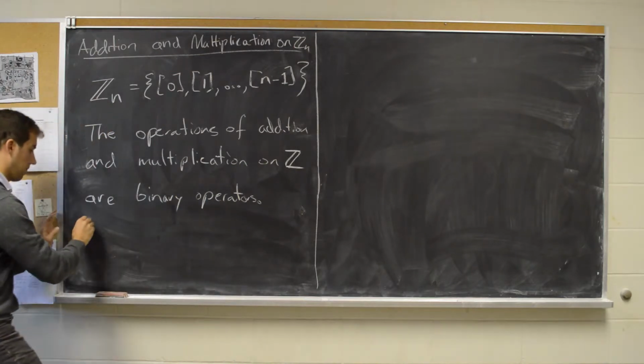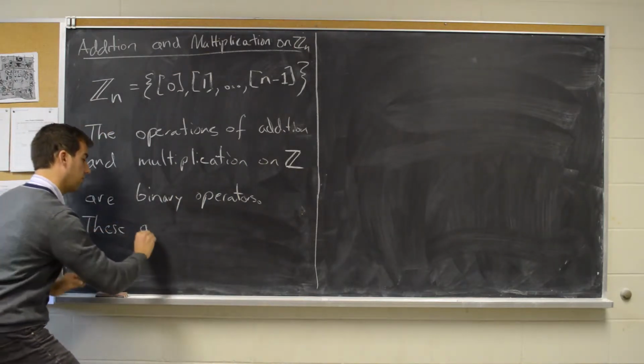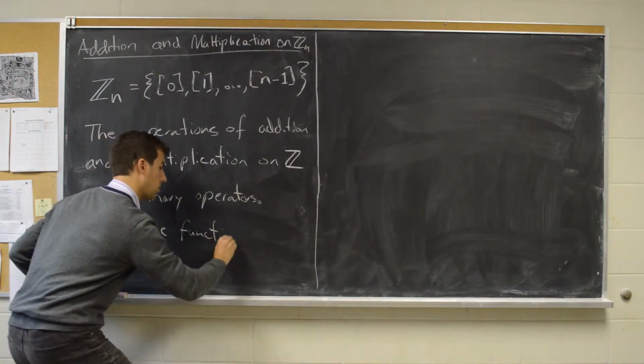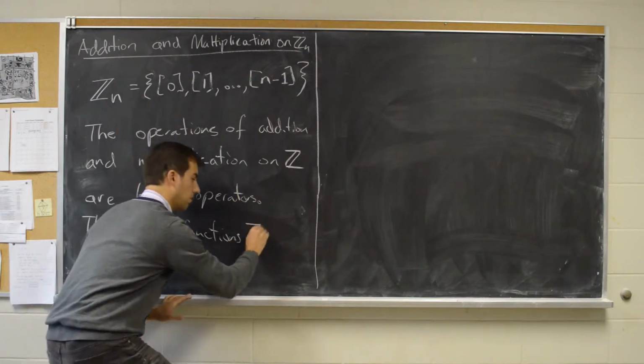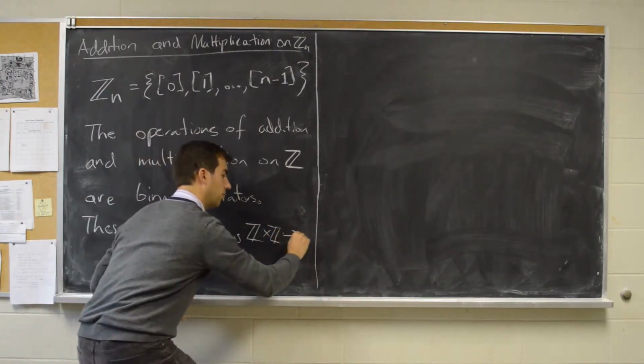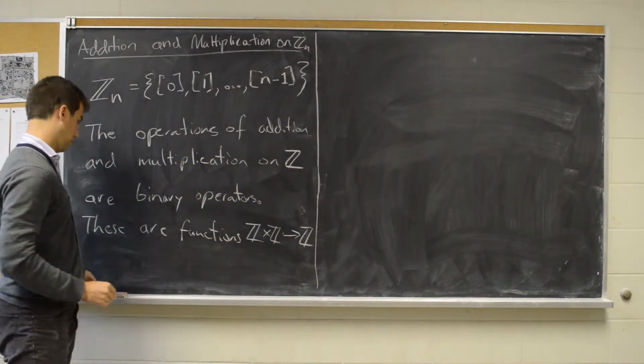What this means is that these are functions of the form integer cross integer in, so two integers as our input and one integer as our output.